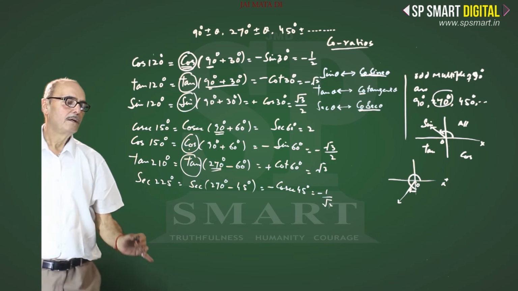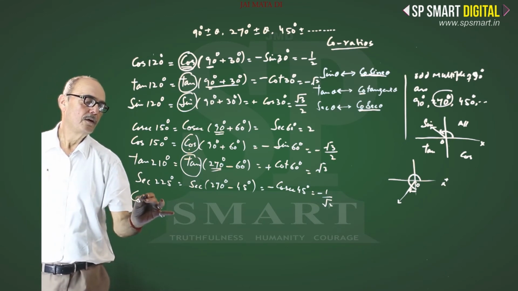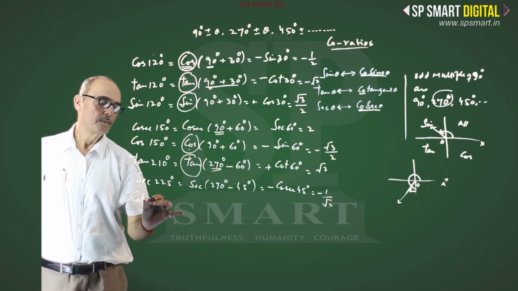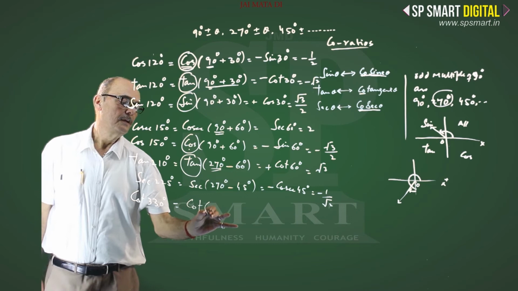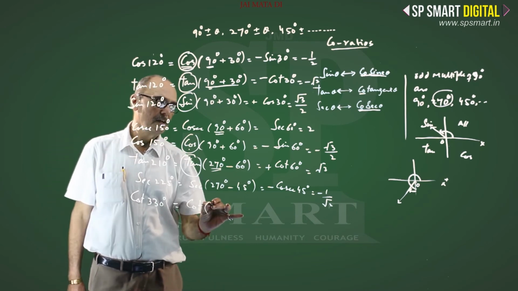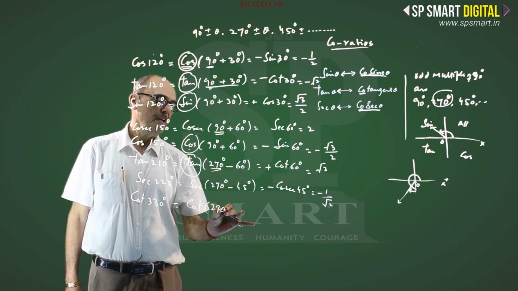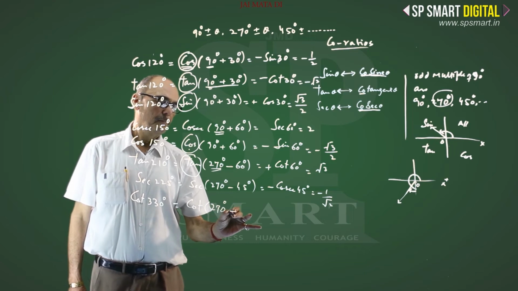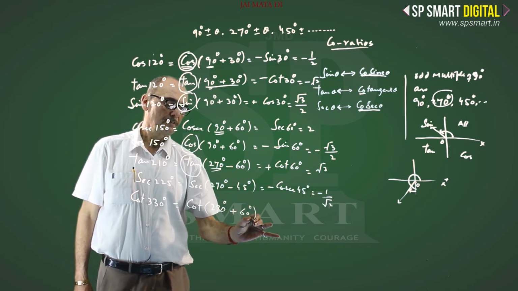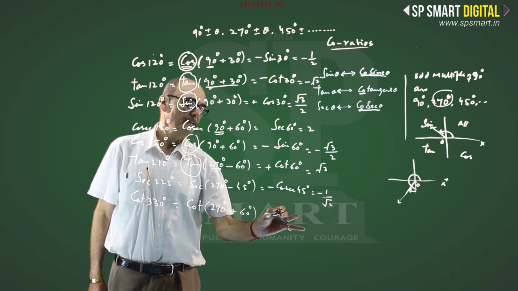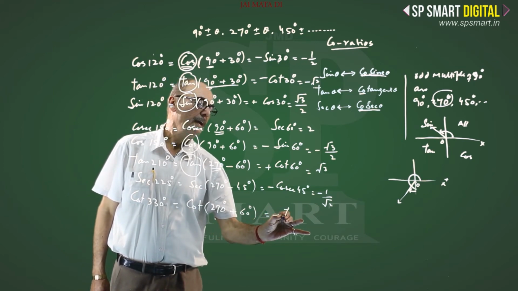Let us find out cot of 330 degrees. Now, this can be written as cot of 270 plus 60, which is equal to minus tan of 60.